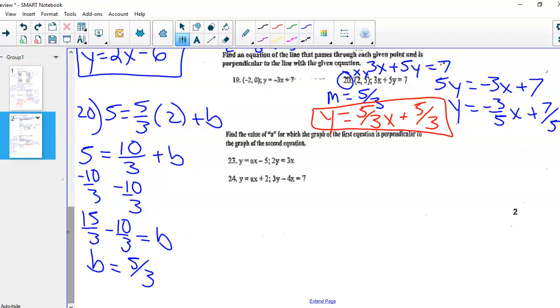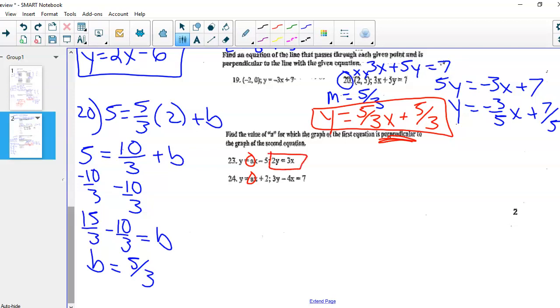Now, this last section, it says find the value of a. So you are given 2 different equations, and you need to find the value of a if it's perpendicular to the second equation. So that means if this is not in slope-intercept form, we need to solve it and then find the slope that would be perpendicular to it.